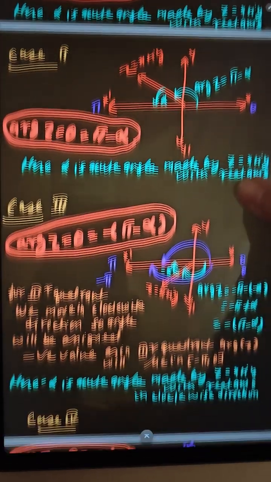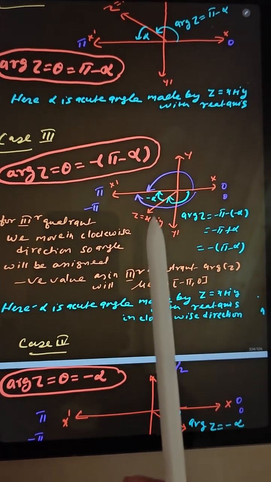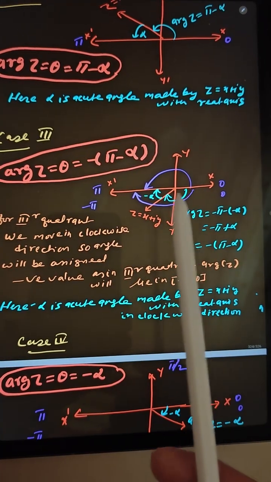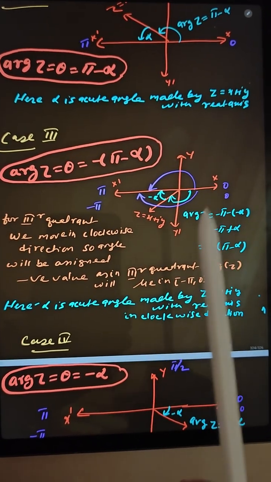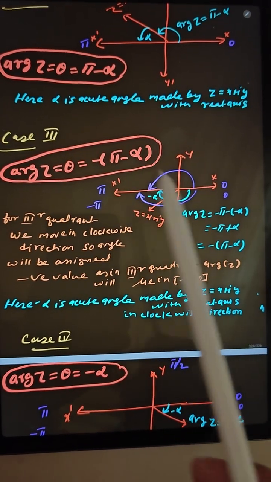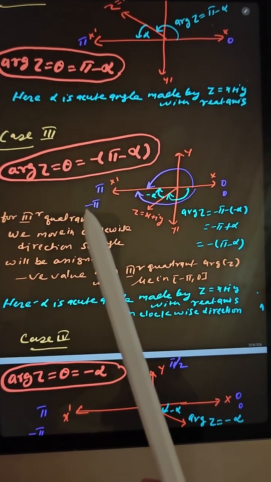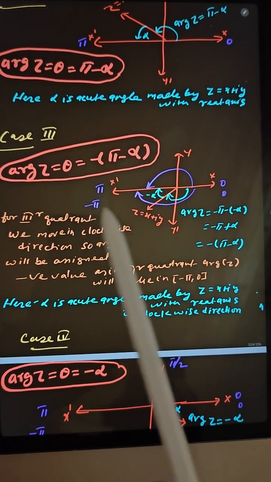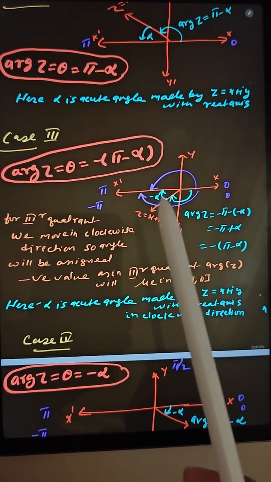Now come to the third case, if it is lying in the third quadrant. So this is the position. In this case we will measure the angle in clockwise direction. This is your minus pi, because in the third quadrant the argument will lie between minus pi and 0. So how does it happen?